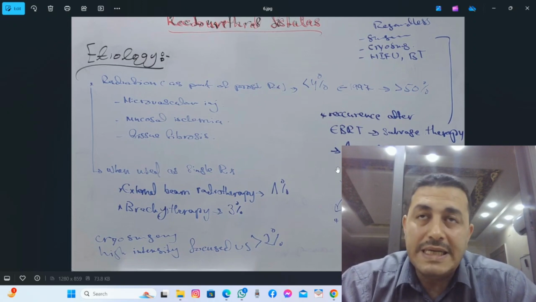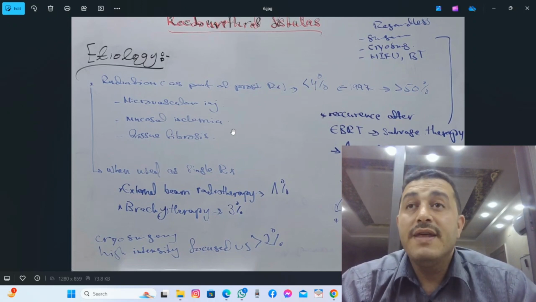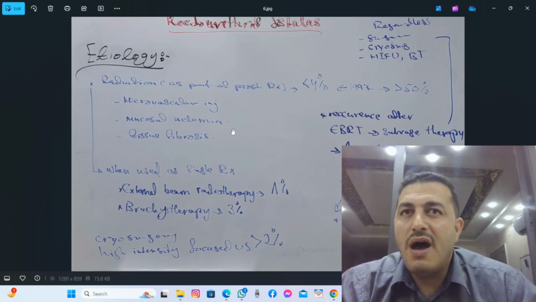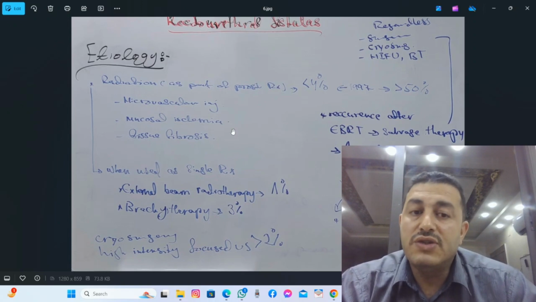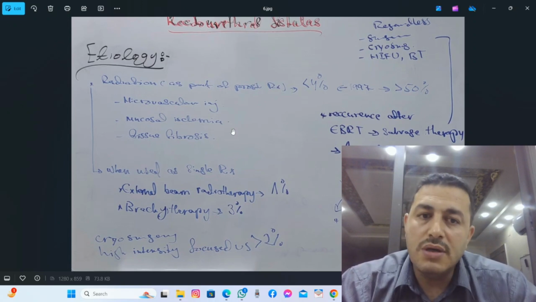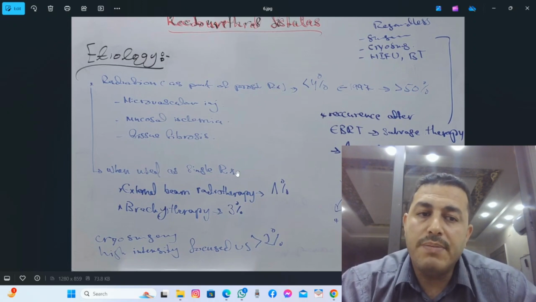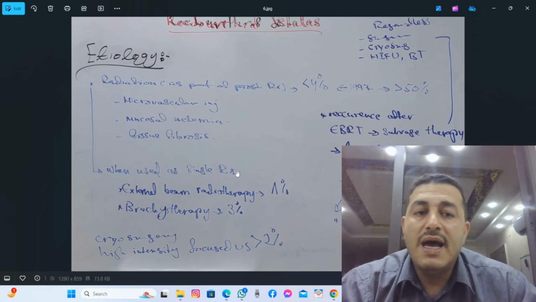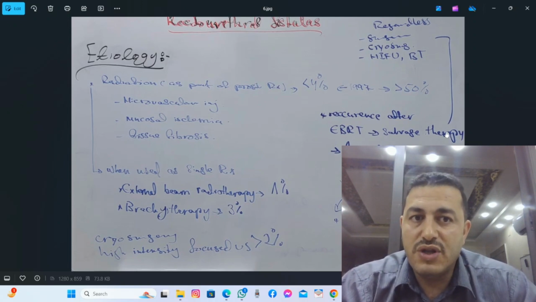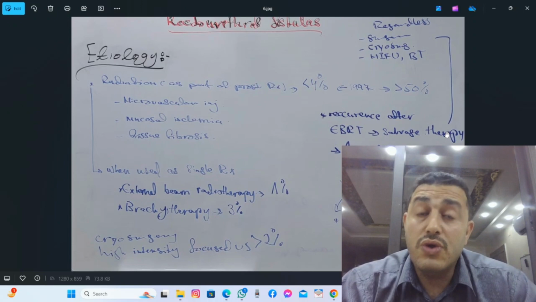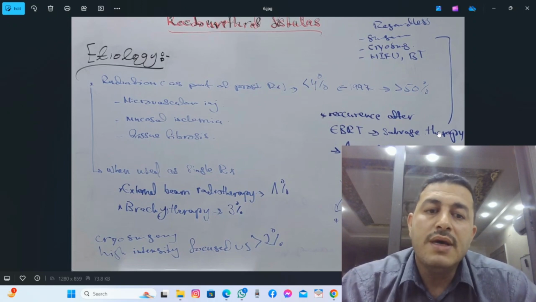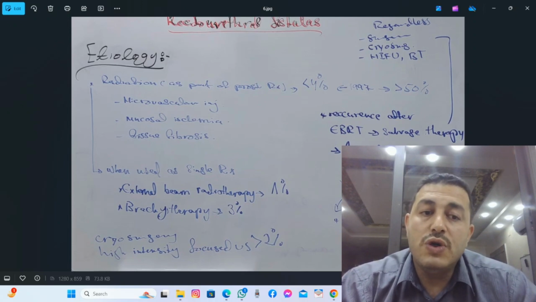The most complex type of fistula is those that appear as a recurrence after completion of radiotherapy. So recurrence after external beam radiotherapy, and you did a salvage therapy, whatever the salvage therapy, surgery, cryotherapy, brachytherapy, these patients actually have the higher risk for complex fistula.